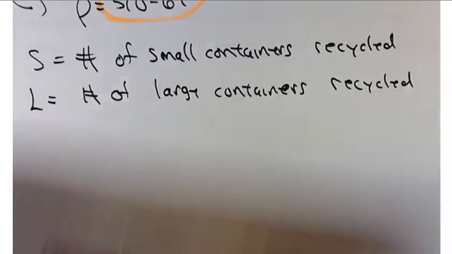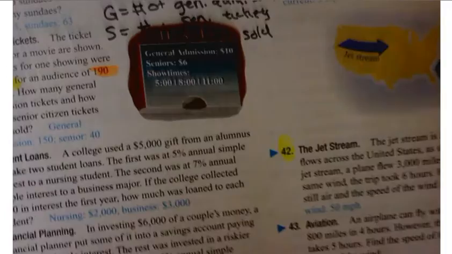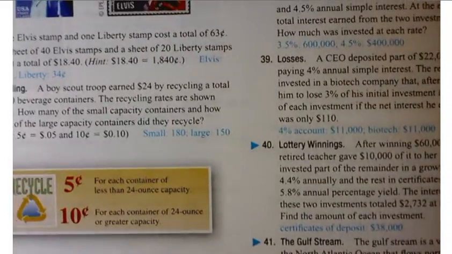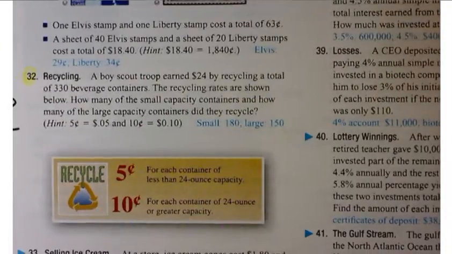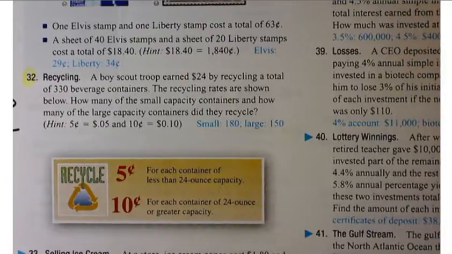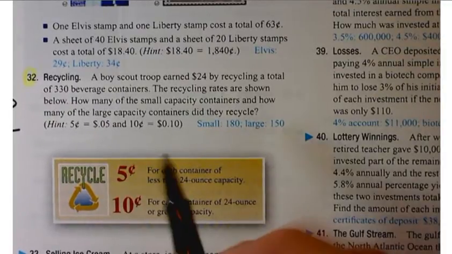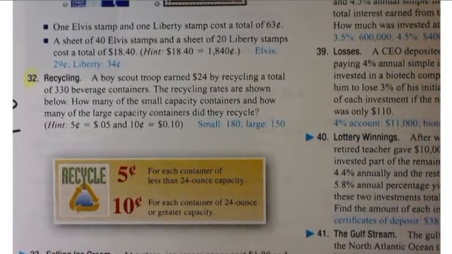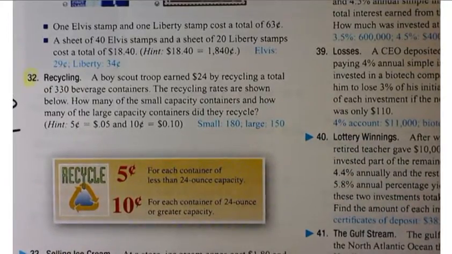Let's see if we can come up with a couple equations here, and at least come up with the first one. They recycled a total of 330 beverage containers. So Rochelle, what's the equation there?